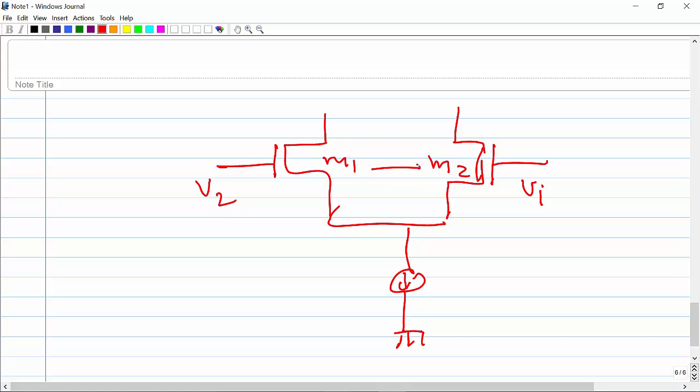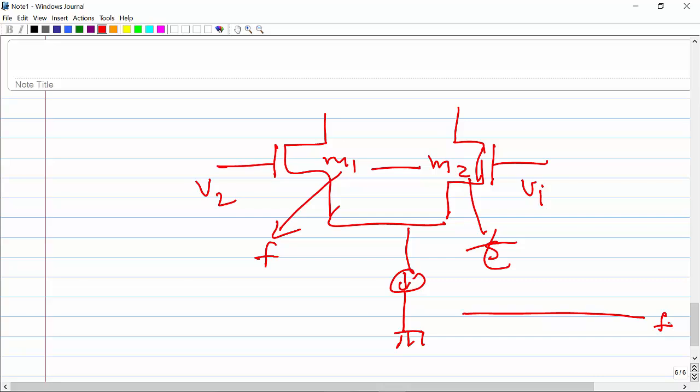But M1 will not be in one corner and M2 in another corner. This is a very important point to understand. In any case, it will not be possible that M1 is in the fast corner and M2 is in the slow corner, or in the typical corner.